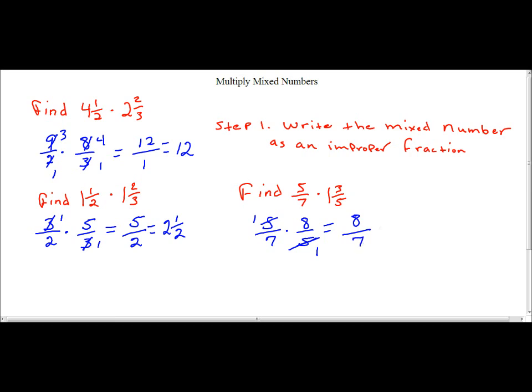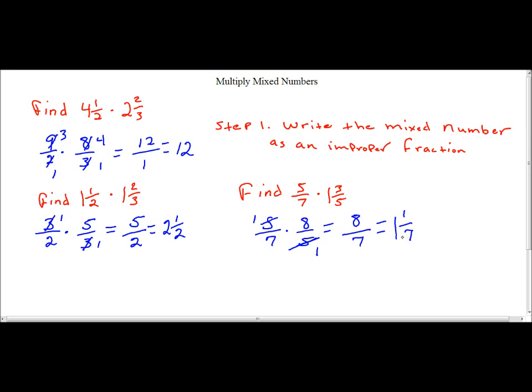And of course we have to simplify. Let's see. So let me make sure. So to me, that looks like 1 and 1 over 7.